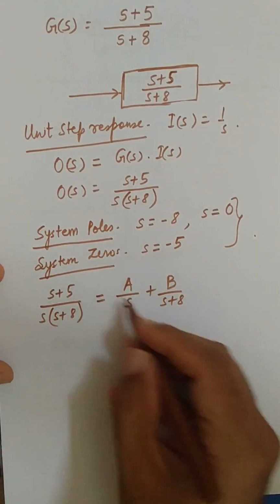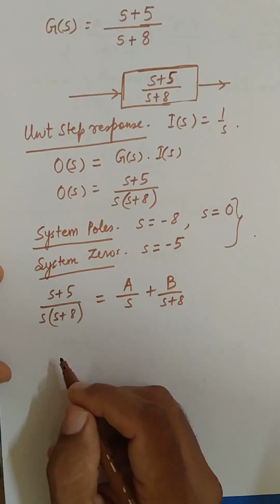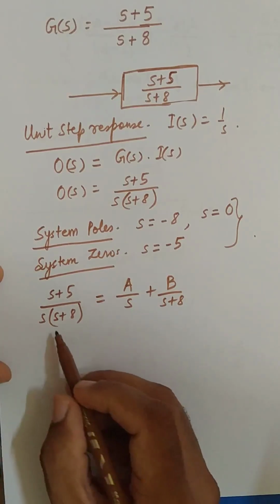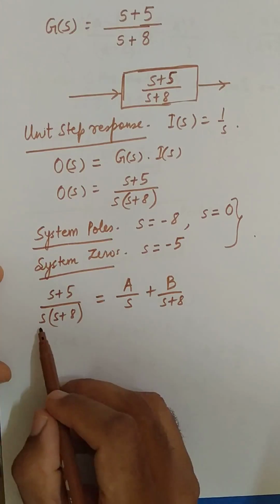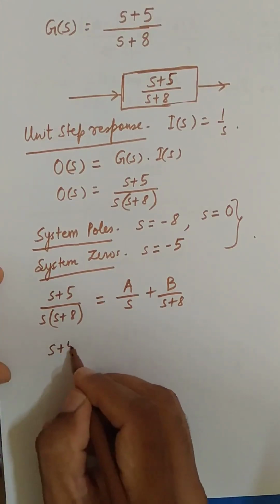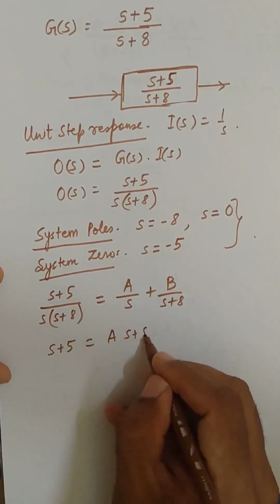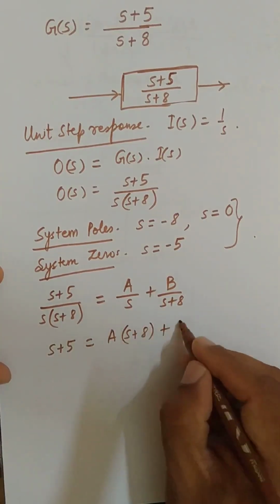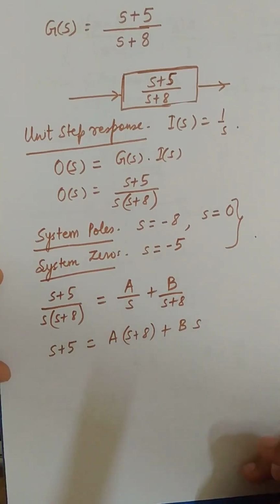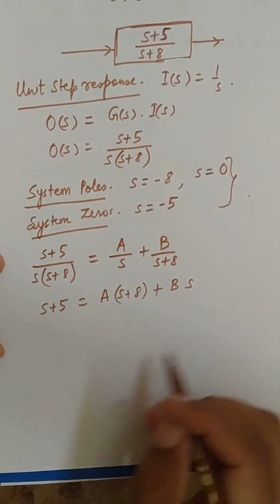You know the method of finding A and B? It is simply that I'll cross multiply. Then I can multiply both sides by this denominator. So this will be s plus 5 is equal to A times s plus 8 plus B times s, isn't it? Now this expression has to be valid for all values of s.